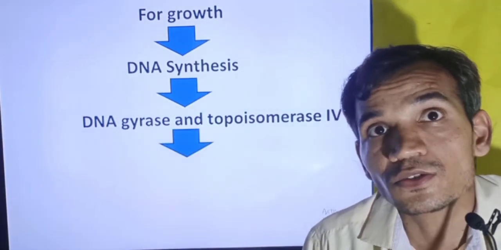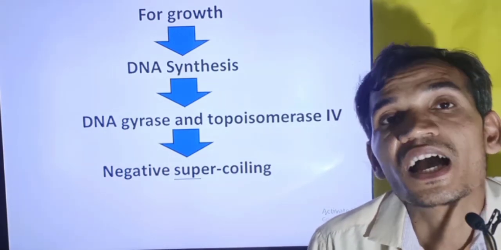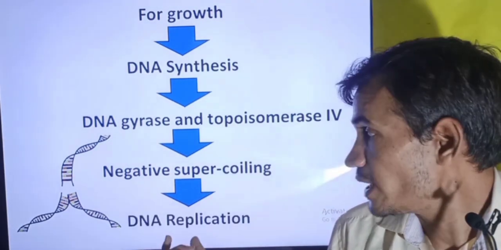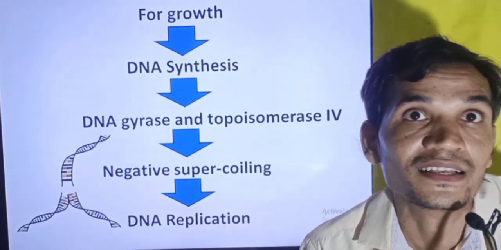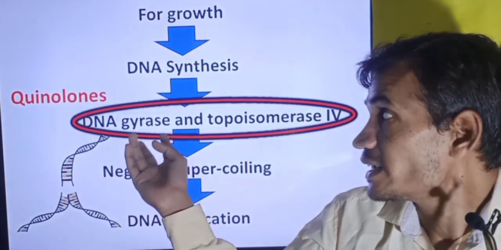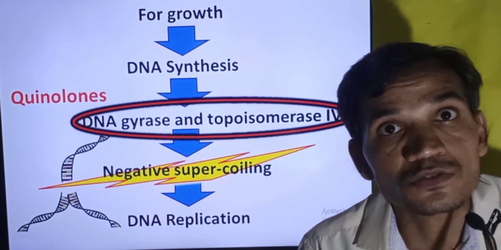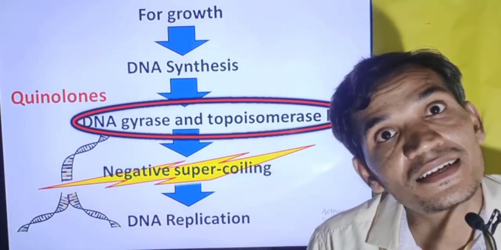Those enzymes cause negative supercoiling, which means unbinding the DNA. Once the DNA is unbound, it is available for replication and the bacteria may grow again and again. In such a case, quinolones target the DNA gyrase and topoisomerase enzymes and stop the negative supercoiling to perform a strong bactericidal action.